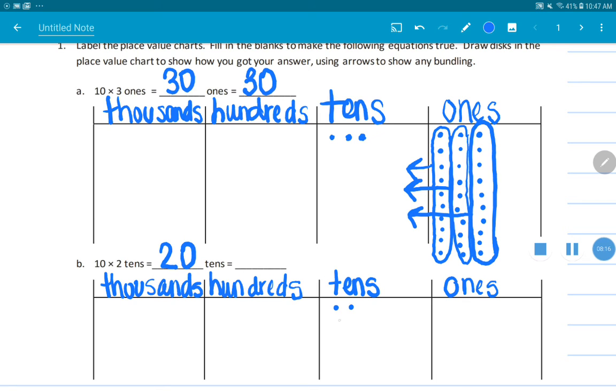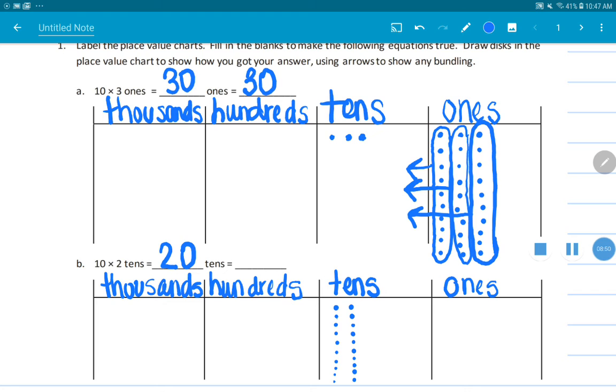We're going to make 2 groups of 10. That proves that what we wrote was correct. 10 times 2 tens is equal to 20 tens.